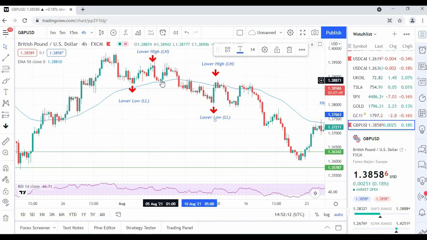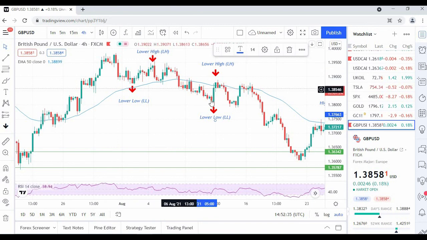So the market creates another lower low which is on the same level of the previous lower low, right, which is also not validating the downtrend because it is on the same level. So the market is gaining a sense of direction right here, or some people would say consolidating or trading flat.